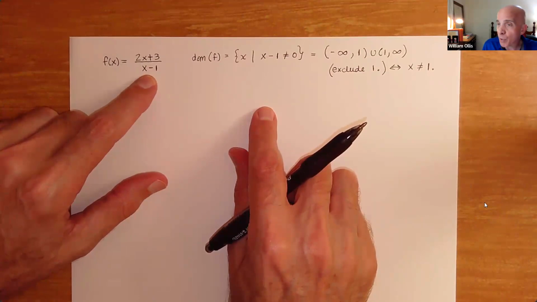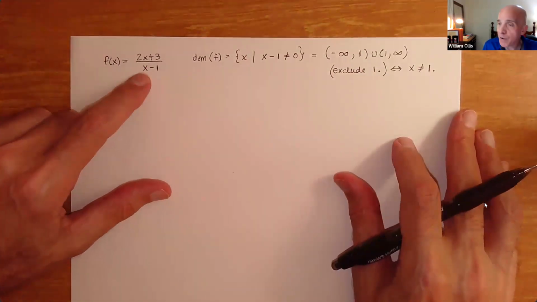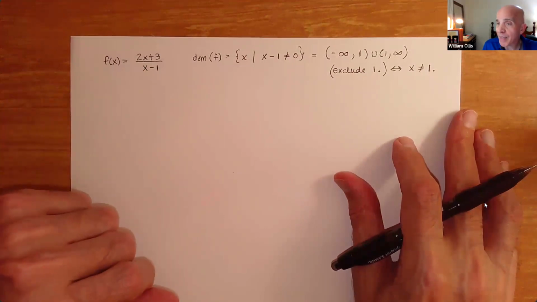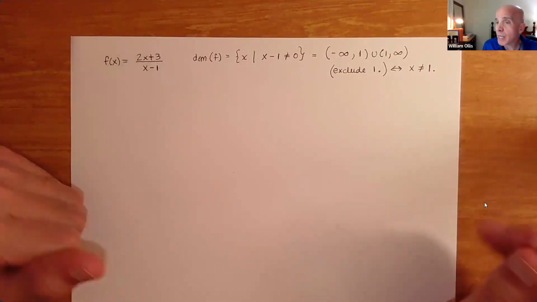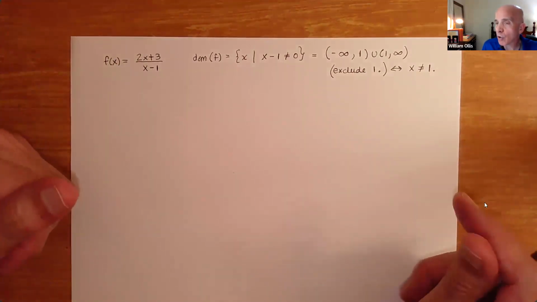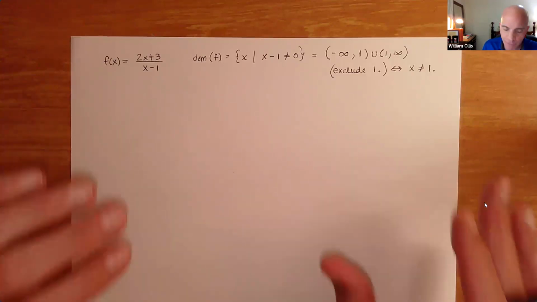And as x approaches 1 from either side, from the positive and negative values, the function will become unbounded. And that's something we're going to talk about in this class. And then you're going to look into it in more detail when you talk about infinite limits in calculus. So we're trying to pave the way for that.